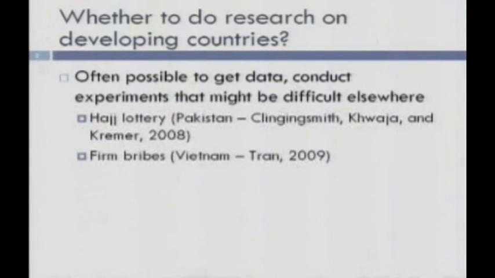It's very difficult. People have come up with very interesting identification strategies for getting the effect of religion in our society, but you don't have that many natural randomized experiments. Or somebody who just recently graduated from the Kennedy School from Vietnam, he just asked a big firm in Vietnam for data on the bribes they paid, and they happily handed it over.